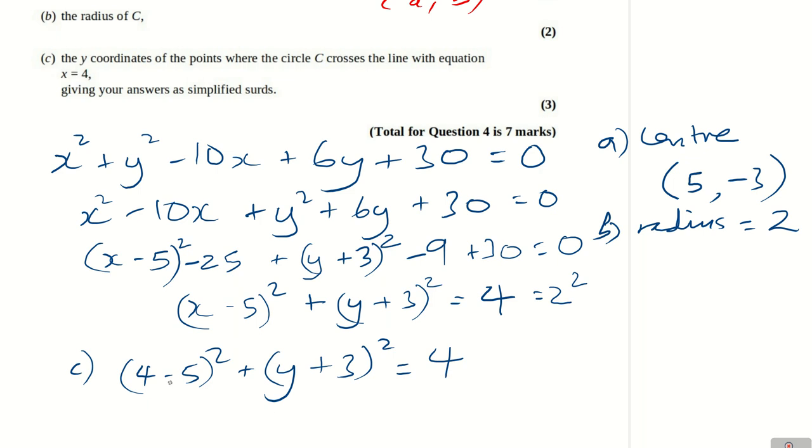Now 4 minus 5 is minus 1, minus 1 squared is 1. So that means that we get y plus 3 squared is going to equal 4 minus 1, or in other words 3.